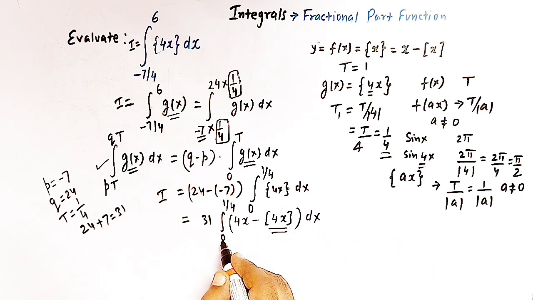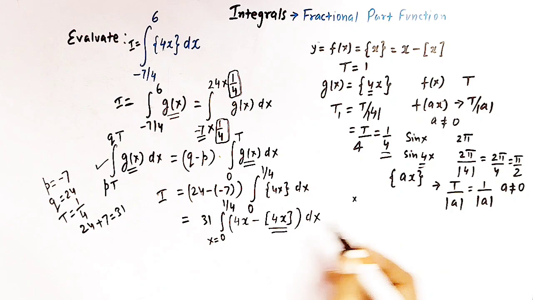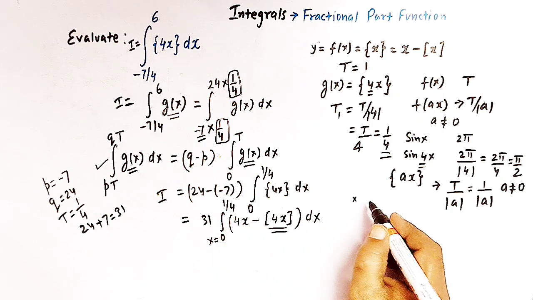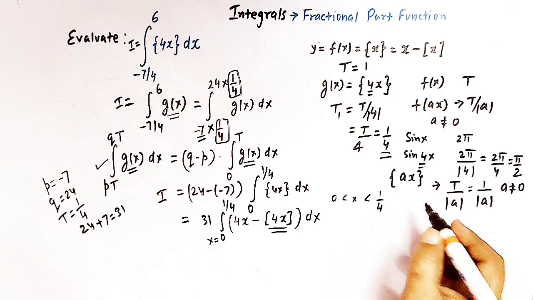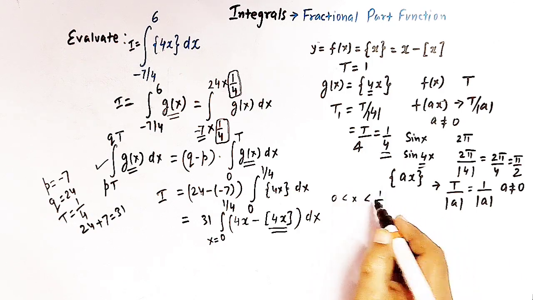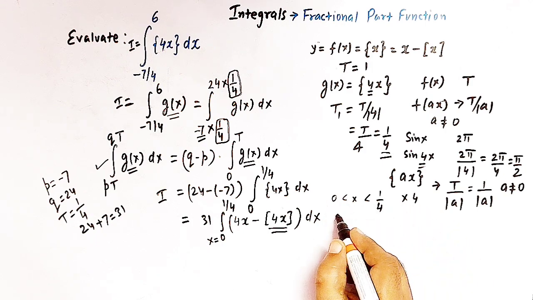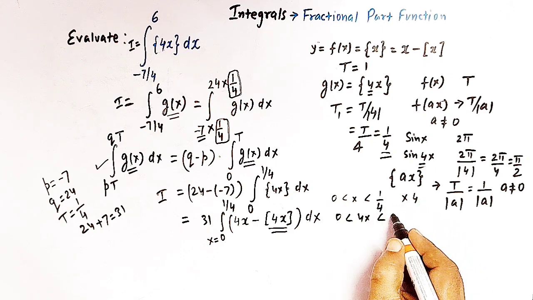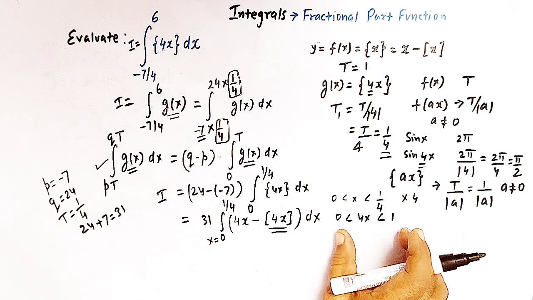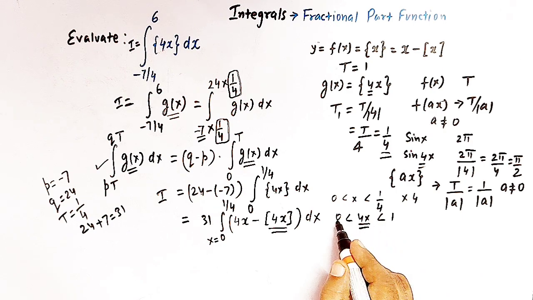The limits of integration vary from 0 to 1 by 4, so x lies between 0 and 1 by 4. If we multiply this inequality throughout by 4, then 0 times 4 is 0, and here we have 4x, and 4 and 4 get cancelled, so we are left with 1.